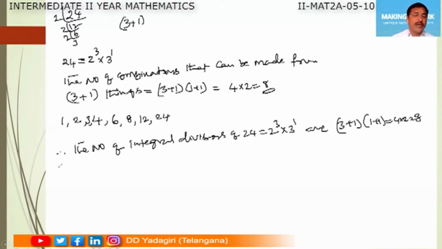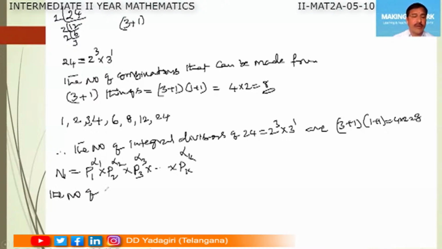So now let us generalize this. If n is any positive integer and when it is expressed as the product of prime factors p1 to the power of alpha 1 into p2 to the power of alpha 2 into p3 to the power of alpha 3 and so on into pk to the power of alpha k, then the number of integral divisors of n is equal to the number of combinations that can be made from alpha 1 plus alpha 2 plus alpha 3 and so on plus alpha k elements, in which alpha 1 are similar of one type, alpha 2 are similar of second type, alpha 3 are similar of third type, and so on, alpha k are similar of k-th type of elements.